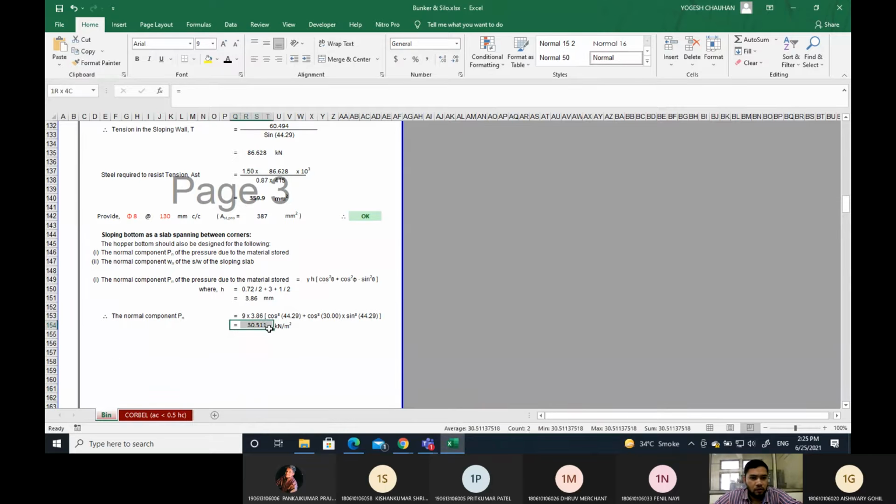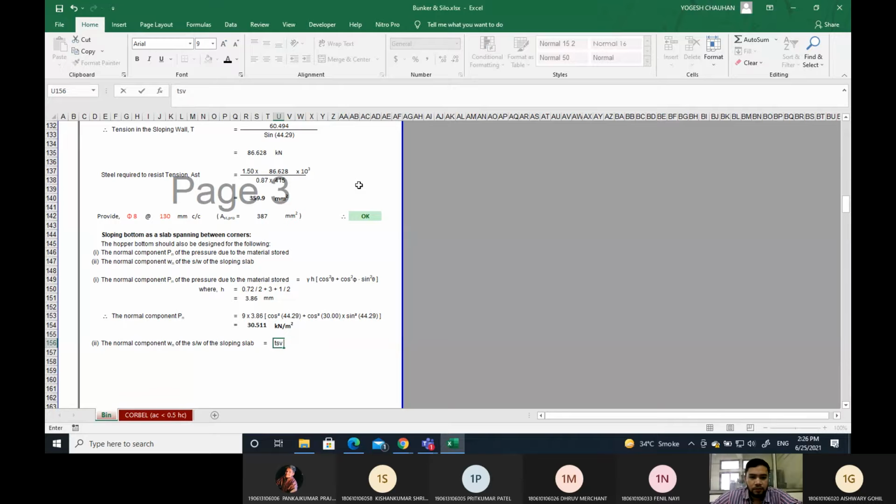Similarly, let us find the second component. Normal component of the slab is equal to gamma C, that is the density of concrete, times the thickness of the slab.